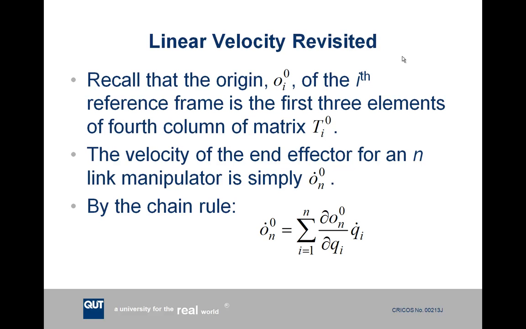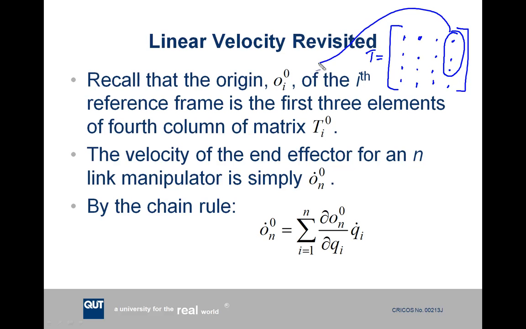So we've got our transformation matrix, which is 4 by 4. It's got those 4 elements in each column. Then what we're talking about here is the first 3 elements of the 4th column of T, and that gives us this origin's location in the base reference frame.